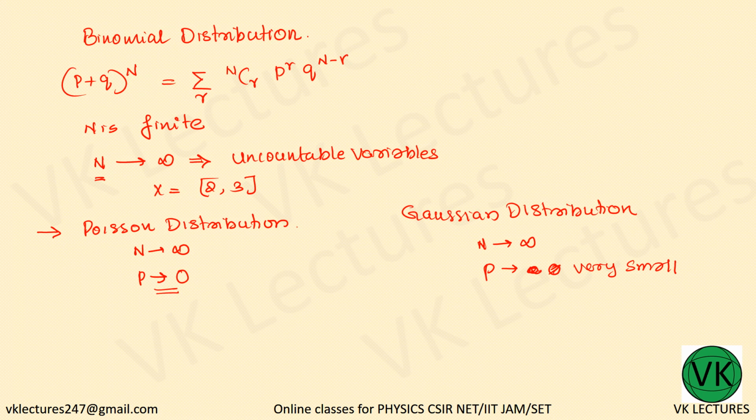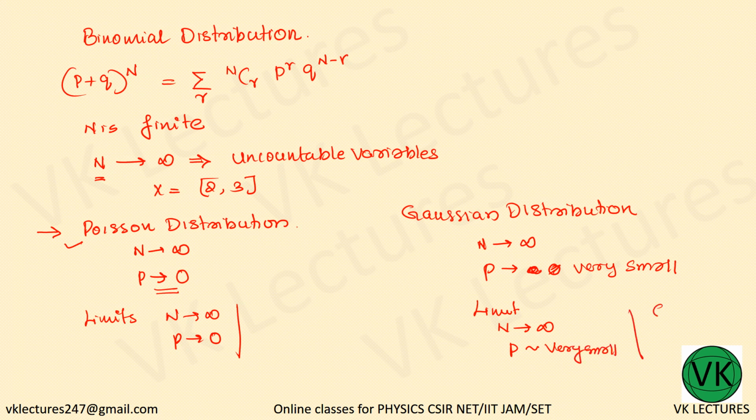So in the limit where n tends to infinity and p tends to 0, this is the Poisson distribution, and the limit where n tends to infinity and p is not small, this is the Gaussian distribution. This is Gaussian distribution, and this is Poisson distribution.